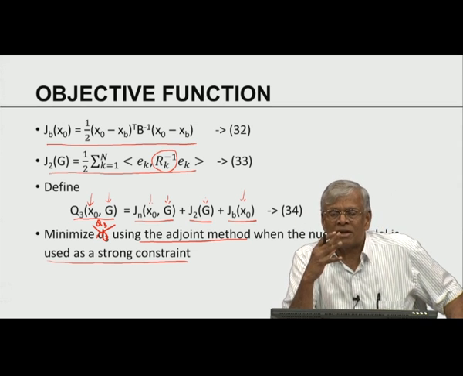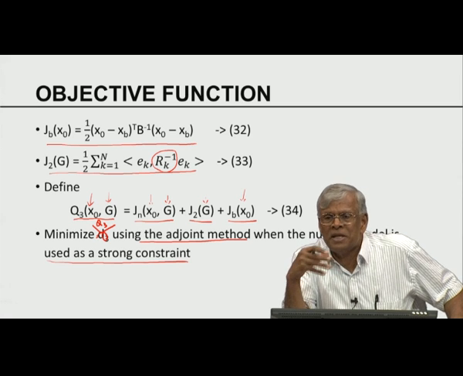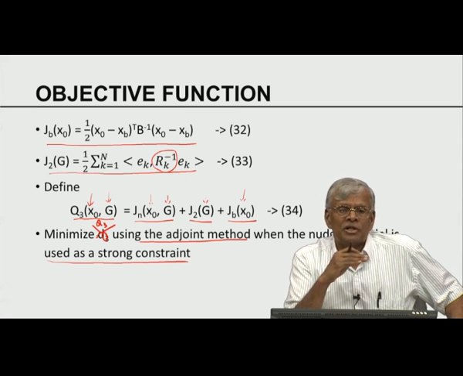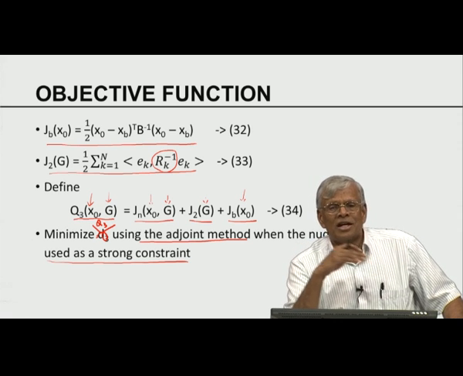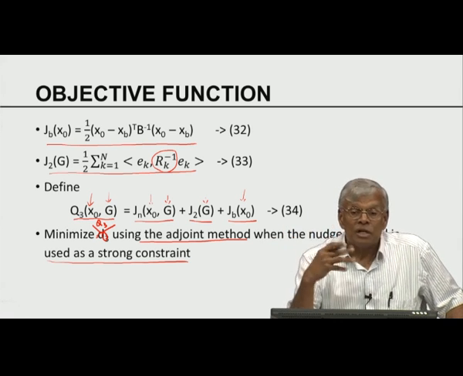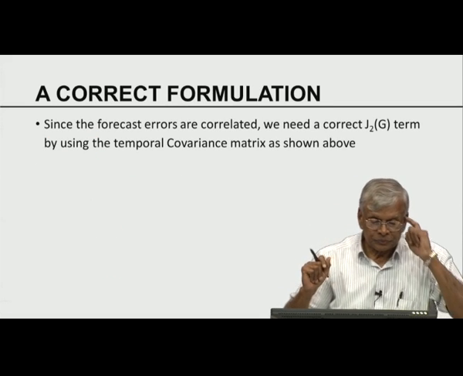You can see the power of the 4D-like principles where you can apply it repeatedly, whether it is estimating the initial state or parameters or anything else. So in this case g is a parameter, you can think of it, for the nudged model.